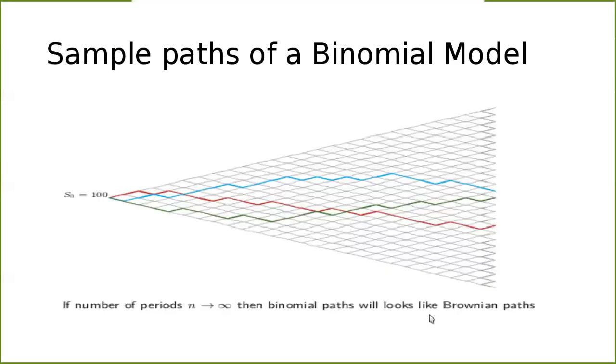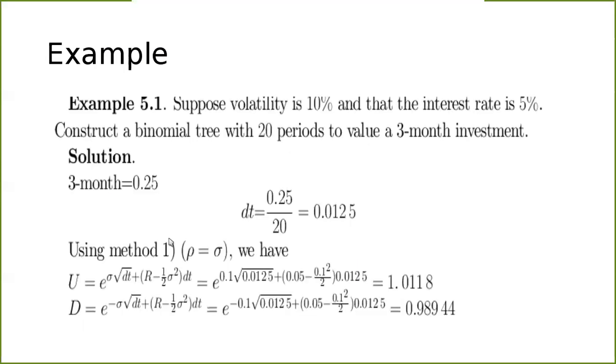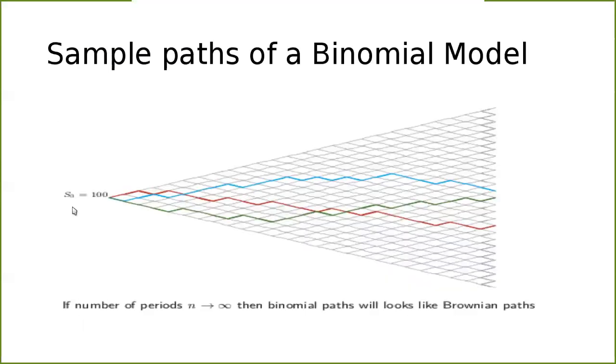So we can construct this binomial tree if we have that initial price 100, and now we know u and d.